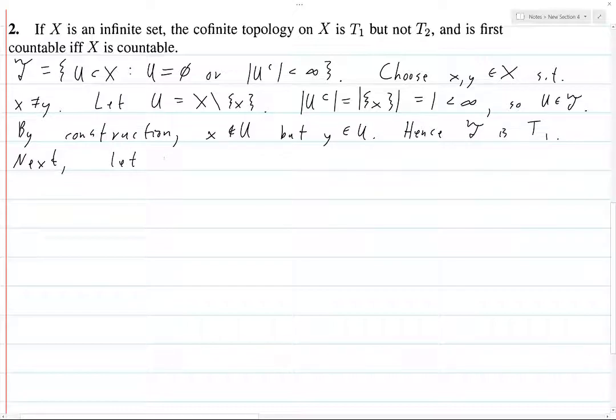Let x and y, well, we'll use the same x and y from before. So let U1 and U2 be open sets such that x is in U1 and y is in U2.